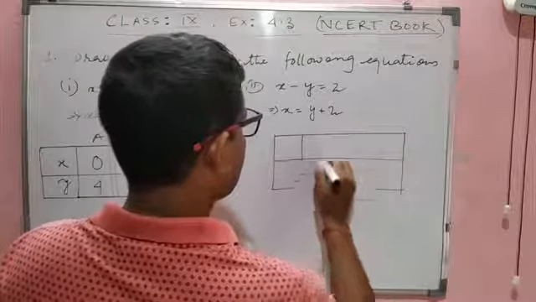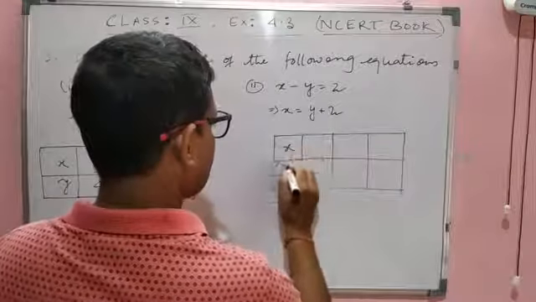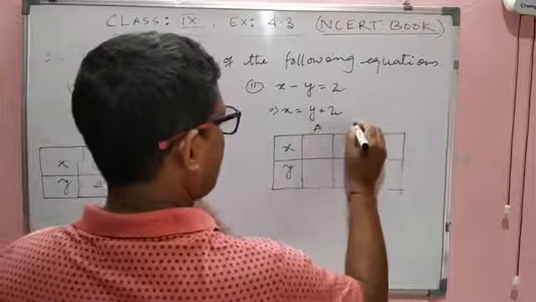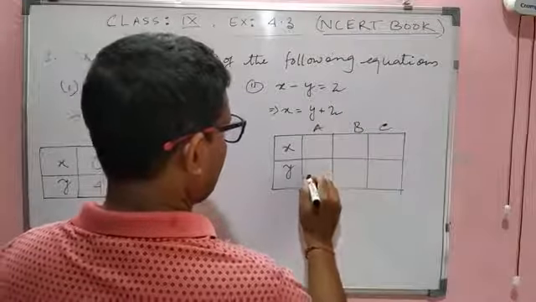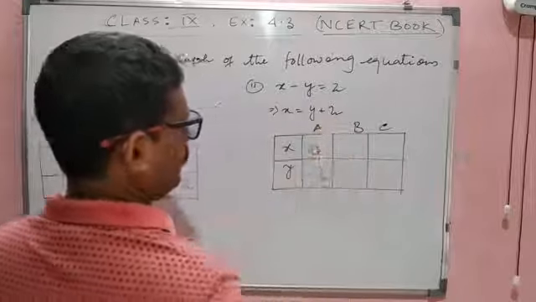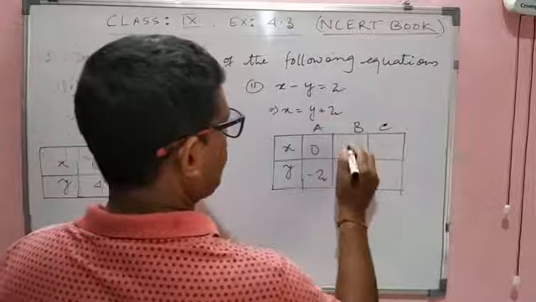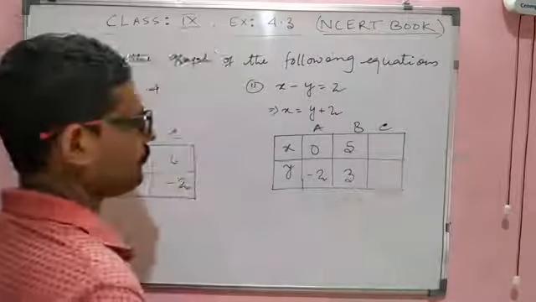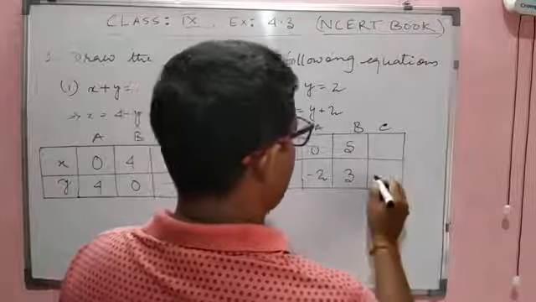We get x, y, a, b, c. The value of y is, suppose, minus 2. If we put minus 2 plus 2, we get 0. The value of y is 3. If I put 3 plus 2, it equals 5. The value of y is, suppose, minus 5.